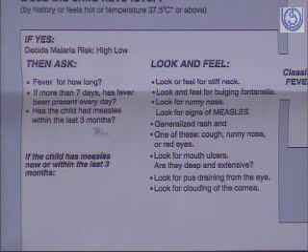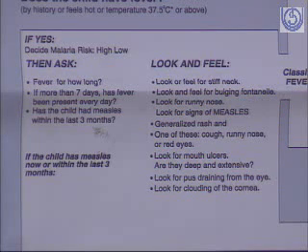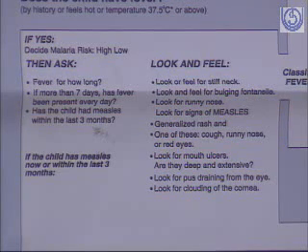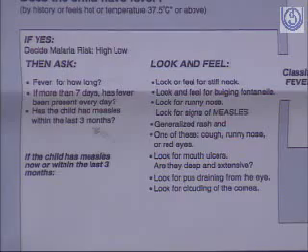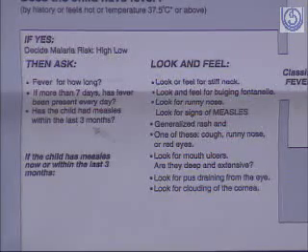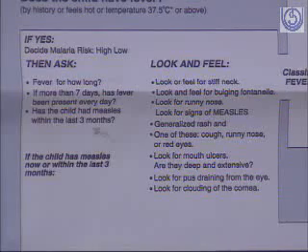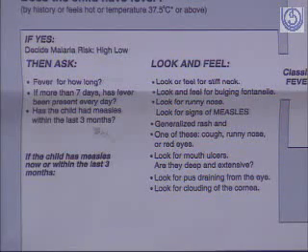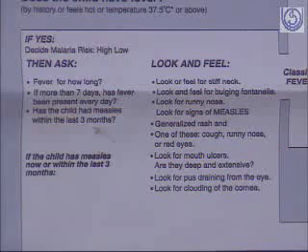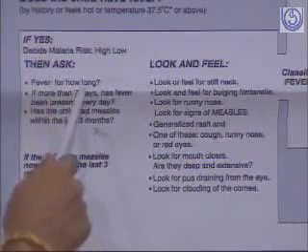Now if the malaria risk is high, and in the places where P. falciparum incidence is very high, we do the rapid diagnostic test and find out whether the test is negative or positive. Then we ask a further question: for how long the fever is persisting.